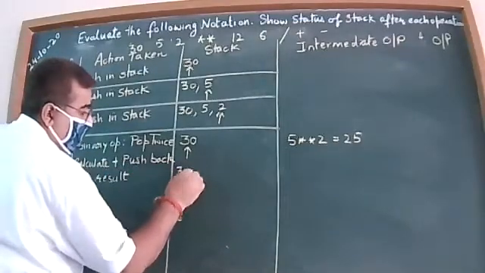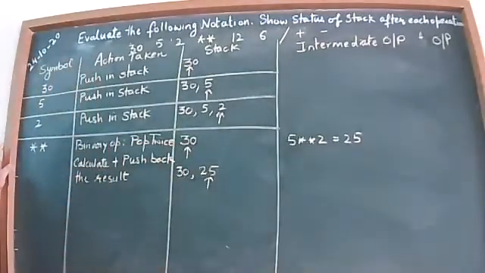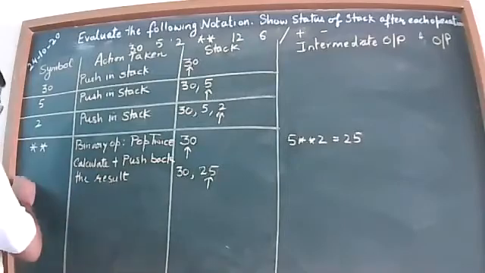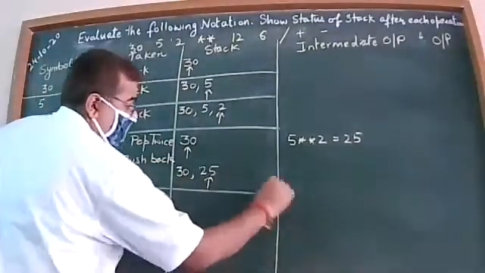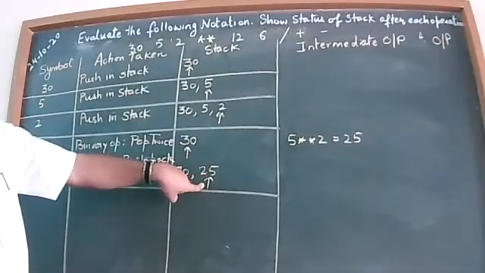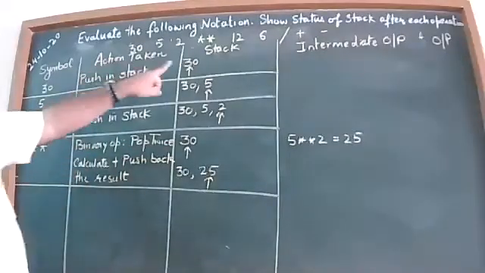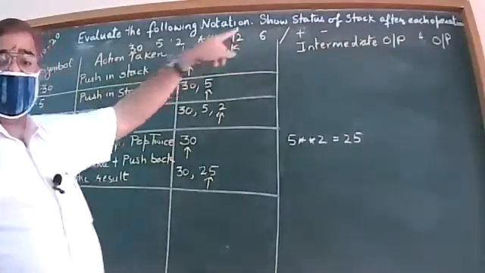So earlier was 30, now the recent element that has been pushed inside the stack is 25, right? Now the next element to come across is 12.